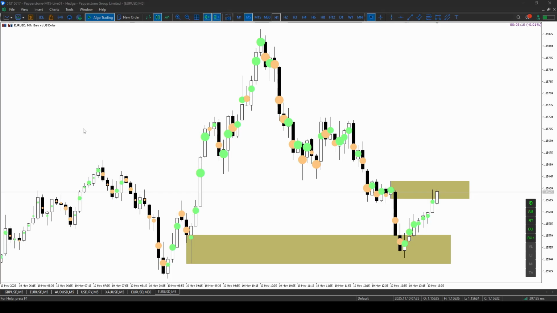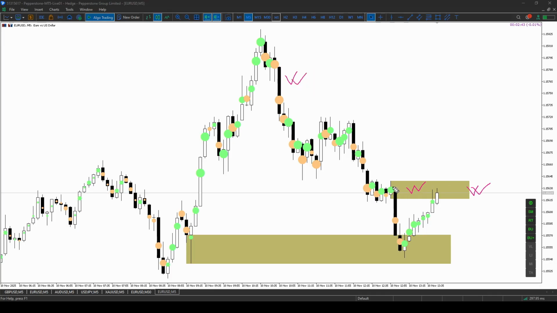But the most important lesson you learned today is that from today you guys stop creating zones like this. Because you can easily identify which zones are strong and which zones are weak.